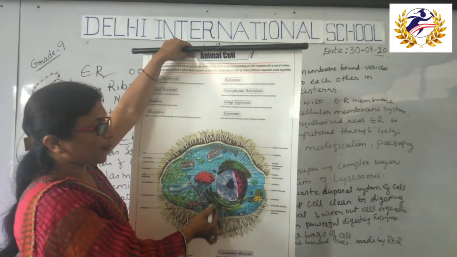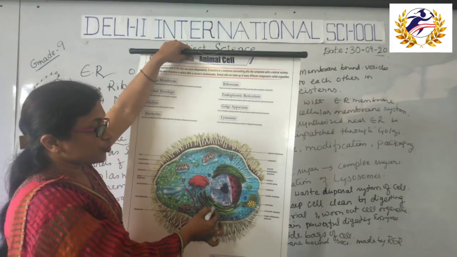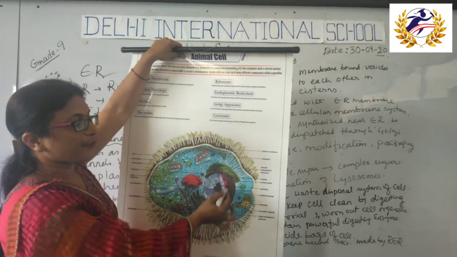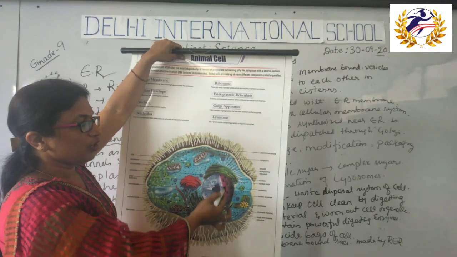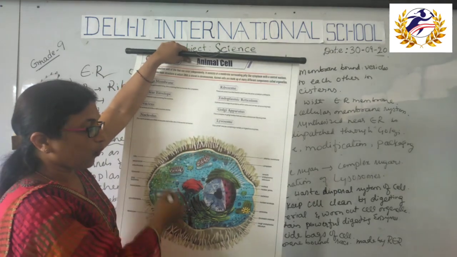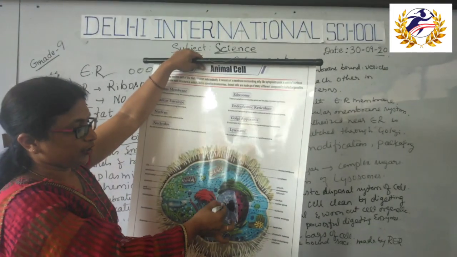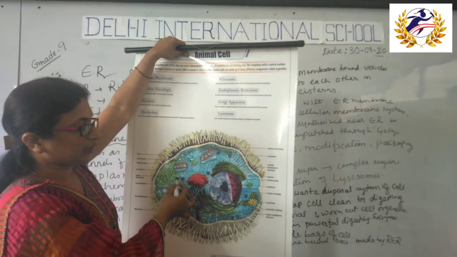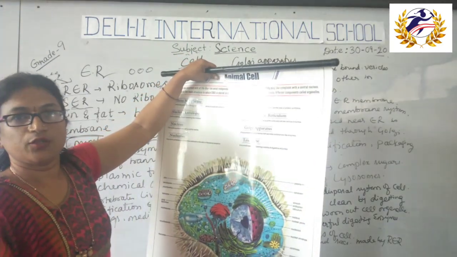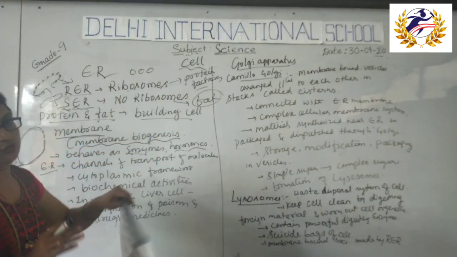The proteins produced here must go for nuclear membrane synthesis, they must go inside the nucleus. So it acts as a channel. Whatever DNA and proteins are produced, the molecules synthesized by the nucleus enter into the cytoplasm through this endoplasmic reticulum. It acts as a mediator and channel to transport the material from the nucleus to the cytoplasm and from the cytoplasm to the nucleus.